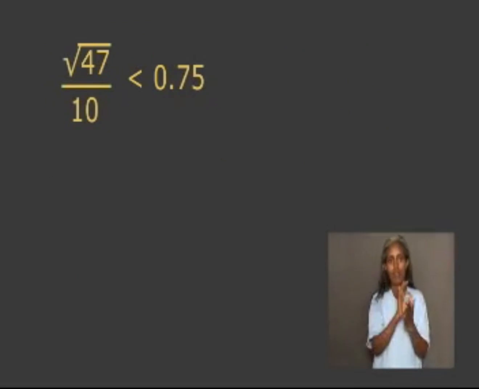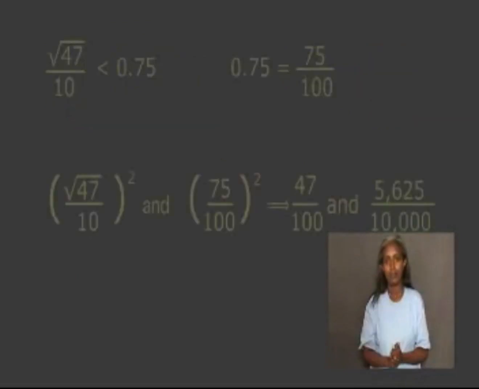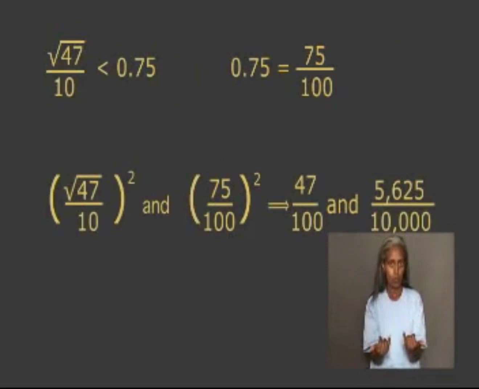It becomes 75 over 100. Now, when we square both numbers, we get 47 over 100 and 5,625 over 10,000.